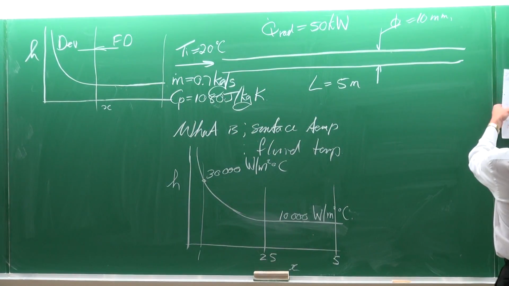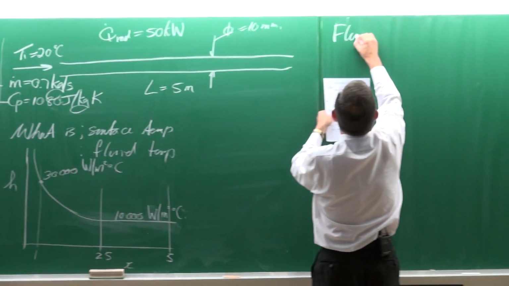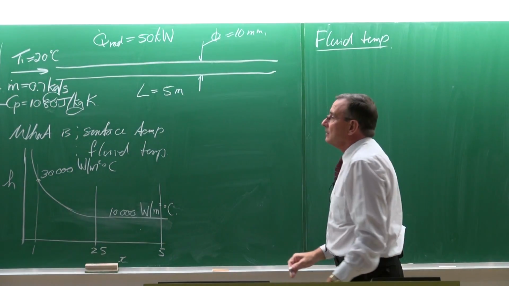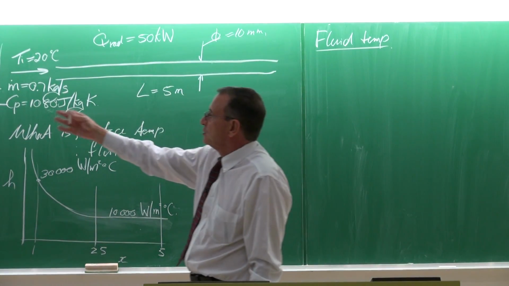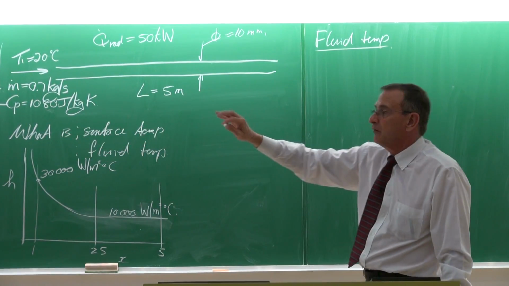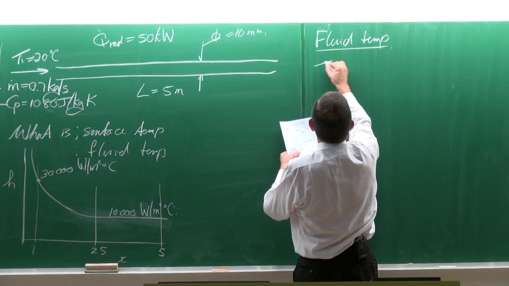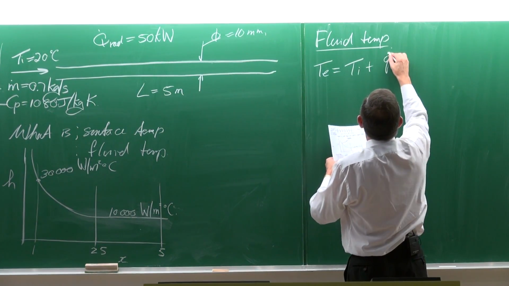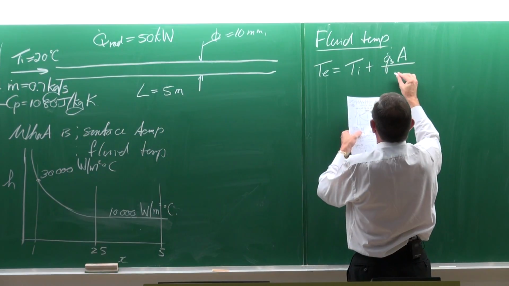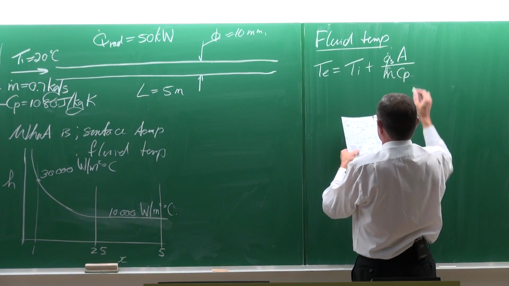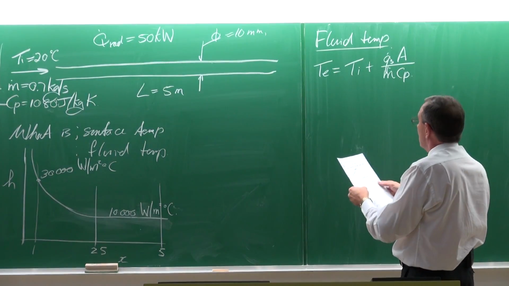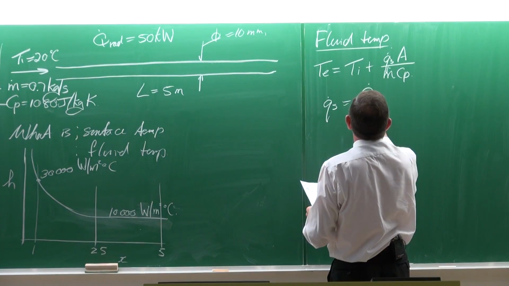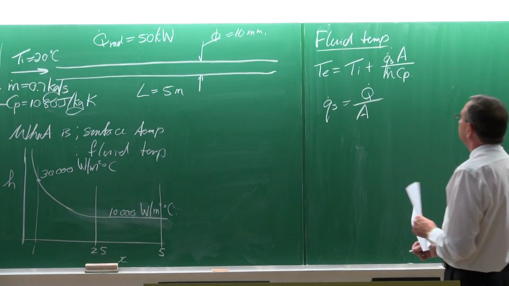Okay. So looking at the fluid temperature, you don't even have to derive it. You can just work it out from first principles with 1 or 2 steps. The outlet temperature is equal to the inlet temperature plus the heat flux multiplied by the surface area divided by the mass flow rate and Cp. And the heat flux is equal to the heat transfer rate divided by the surface area.